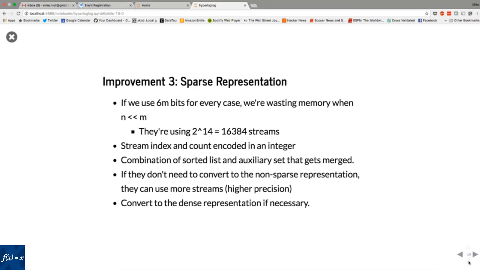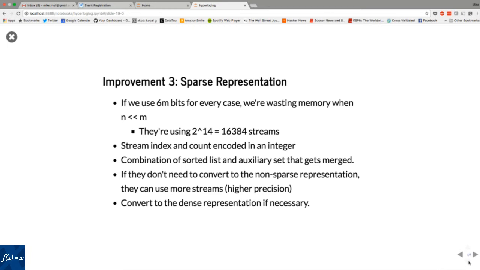So the other detail of this is that as they're going, if they reach a point where they've now found most of the indexes, they have to convert from the sparse representation to the normal dense representation. So there's code to do that as well.